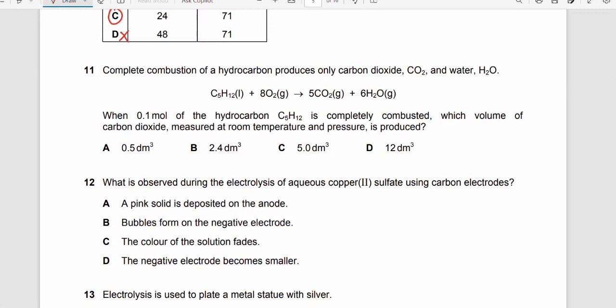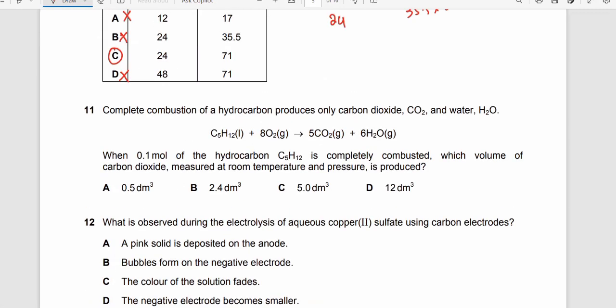So now let me tell you the ratio method. C5H12, ratio, carbon dioxide. If 1 mole is consumed, 5 moles of carbon dioxide are produced.